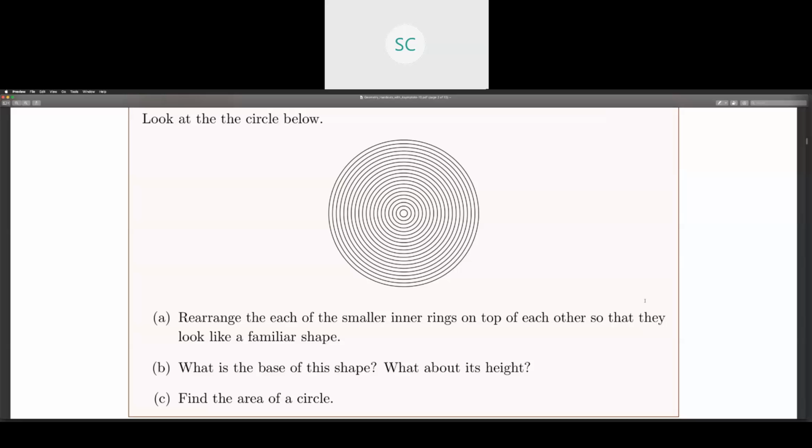If you don't know what to do here, try drawing it out. Remember, you can cut the rings, as long as you're preserving the same area.